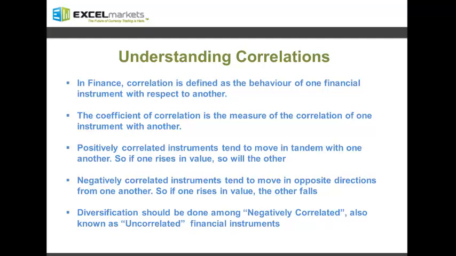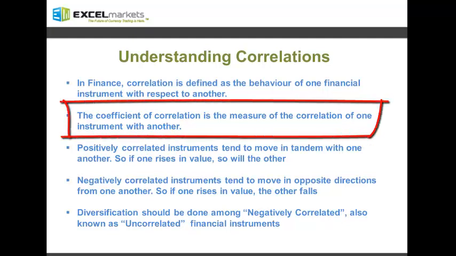Correlation, as discussed, is the behavior of one currency relative to another. Different asset classes or currencies in our case are said to be either positively or negatively correlated with one another, or they may have zero correlation with each other. The coefficient of correlation is the measure of the correlation of one instrument, the currencies in our case, with another.